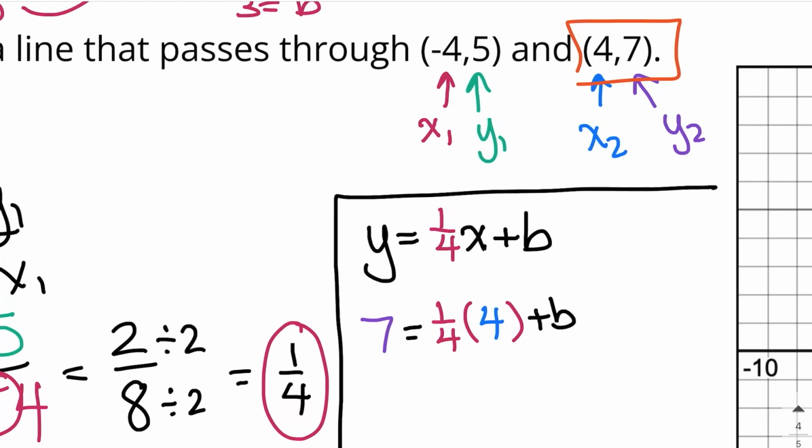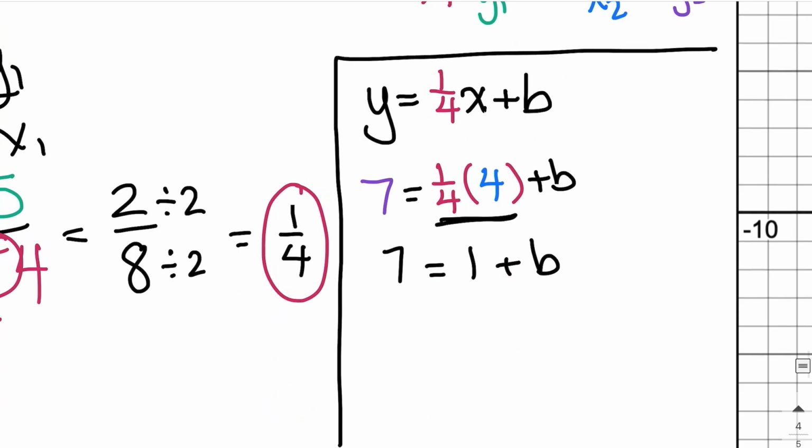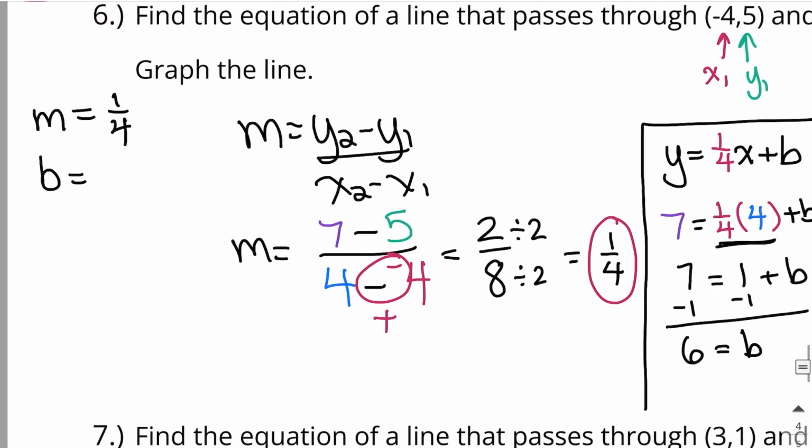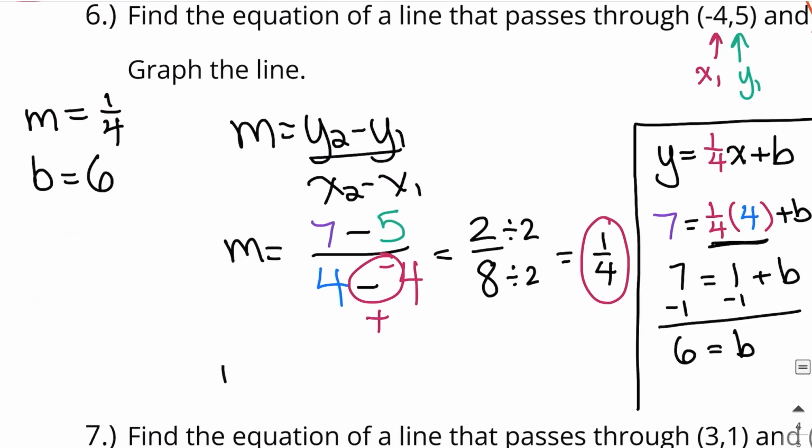Okay, and then I'm just going to multiply. So 1/4 times 4 right here is just 1. And then I copy the rest down. So 7 equals 1 plus b. Subtract the 1 to get the b alone. So b equals 6. So now I know what b is as well. And now I can write out my equation. Y equals 1/4 x plus 6.